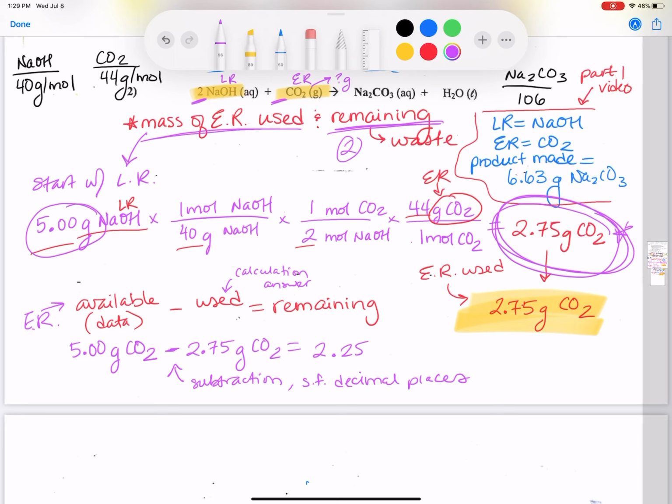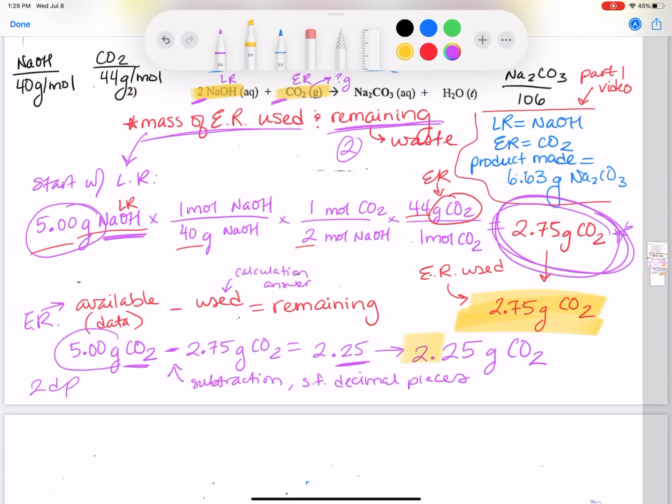And remember, 5.00 grams, that was the same for both my limiting reactant and my excess reactant. So both of them have 2 decimal places. So that means I want my final answer to have 2 decimal places. So that means my final answer here is 2.25. The unit is grams of carbon dioxide.